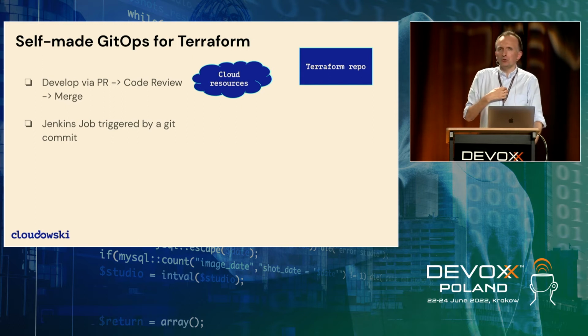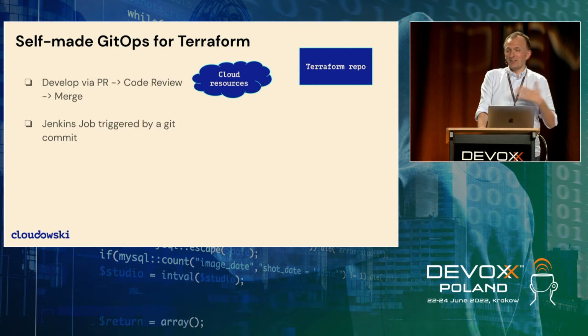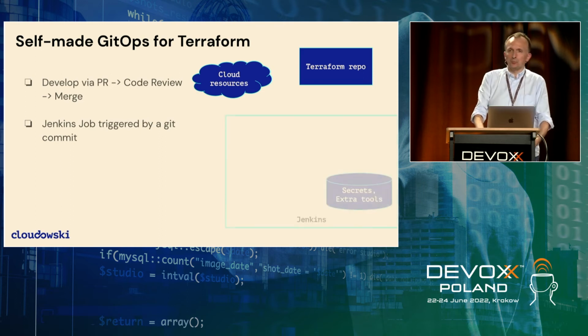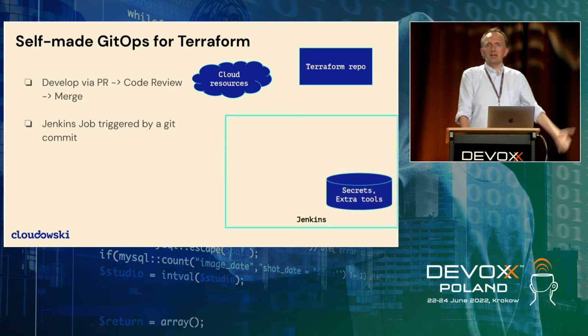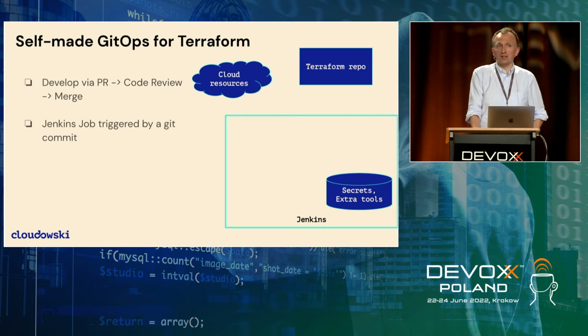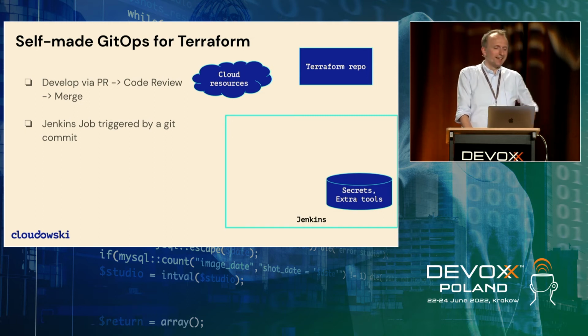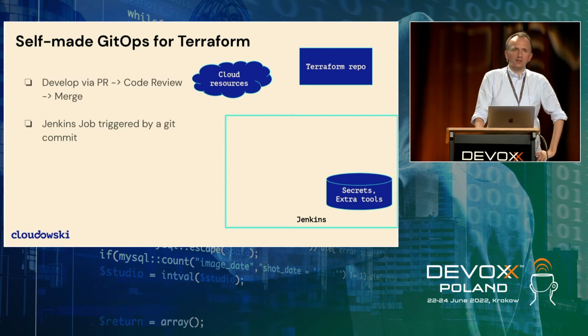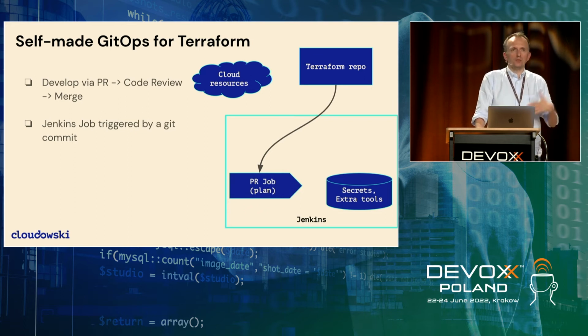So Terraform, obviously, and we added something that we missed in Terraform. We wanted to have some kind of pull request builds for Terraform. Back then we didn't use Terraform Cloud. However, we decided to build our own kind of self-made solution. So we used Jenkins. We use Jenkins a lot. And in Jenkins, we have a specific job that runs whenever we create a pull request on our GitHub repository.